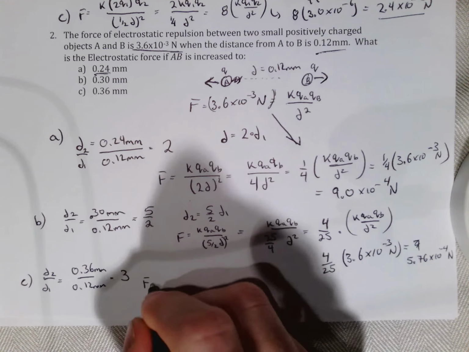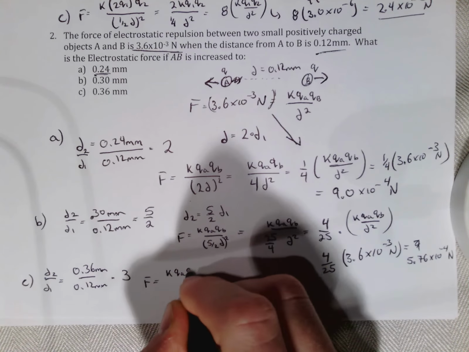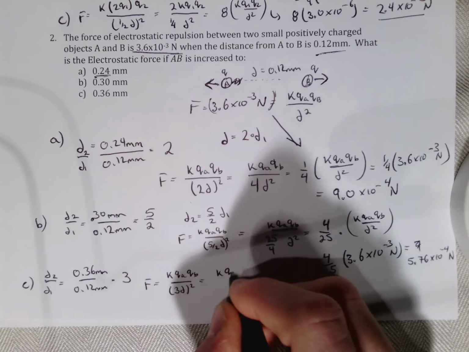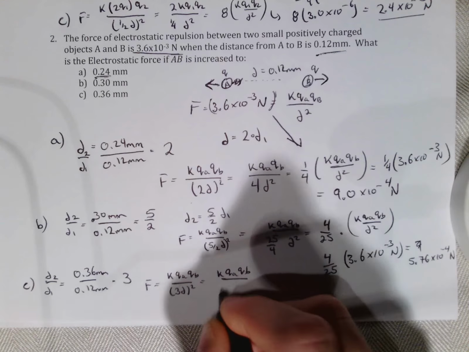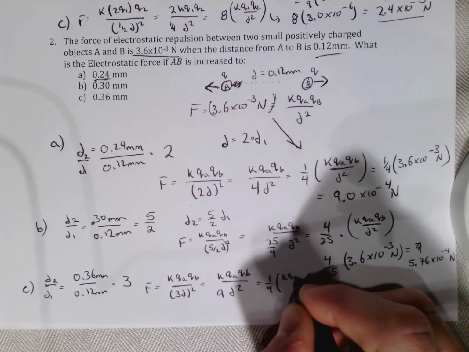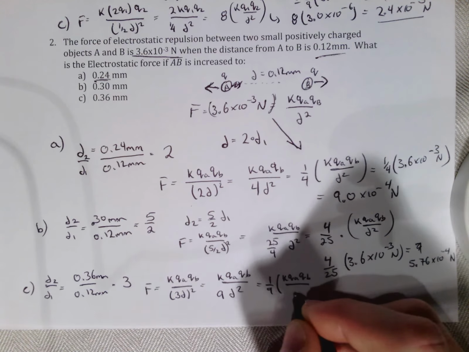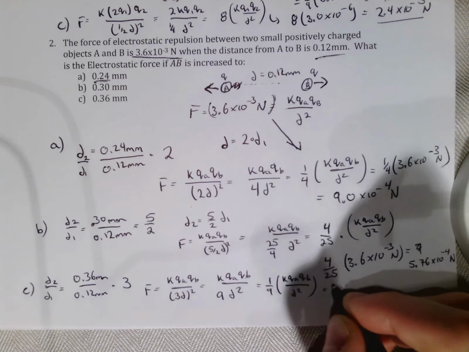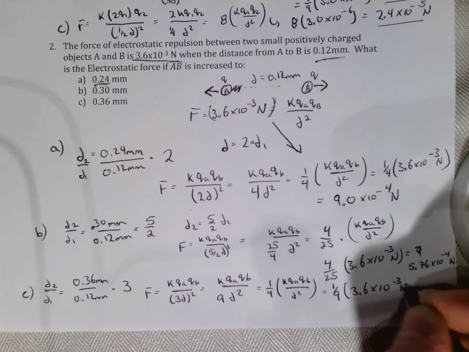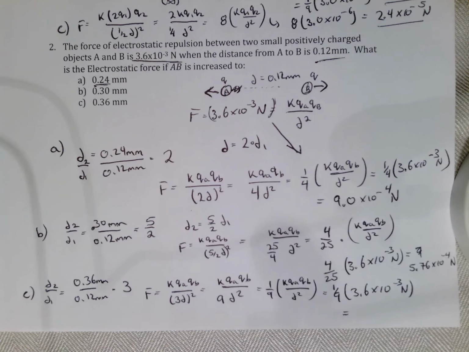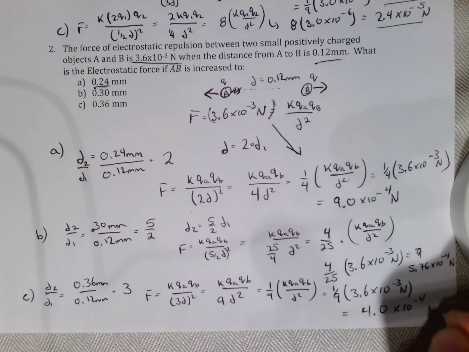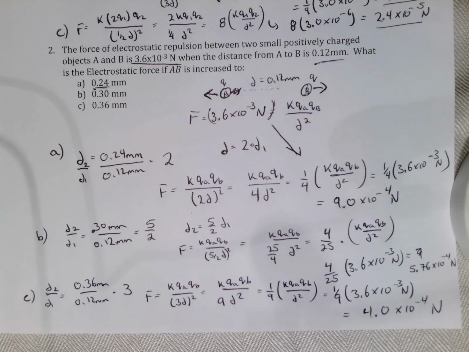So final time, exact same kind of procedure. 3 squared is 9, so 1/9 of k QA QB over d squared equals 1/9 of 3.6 times 10 to the negative 3 newtons equals our final answer, which is 4.0 times 10 to the negative 4 newtons. And that's how you do question 2.